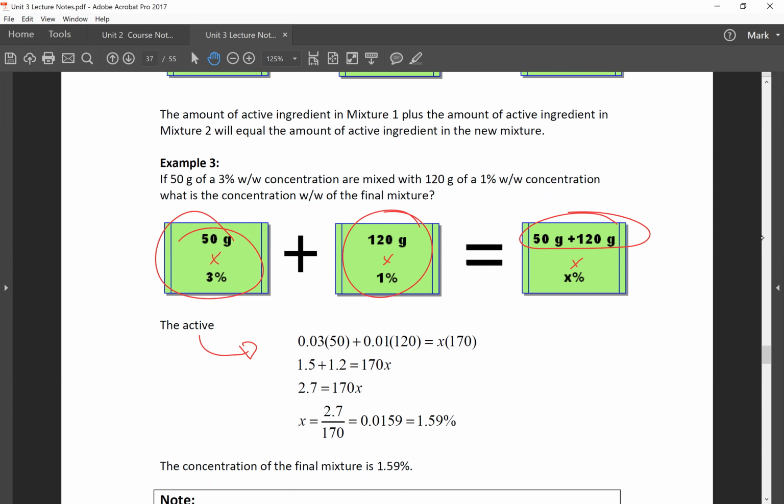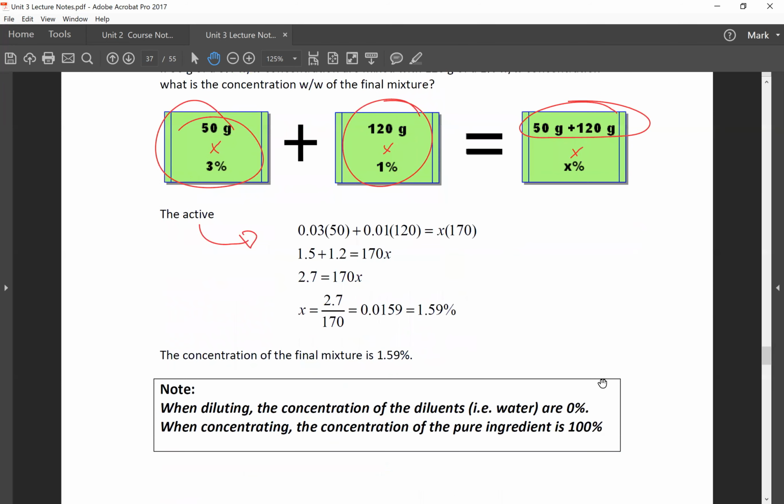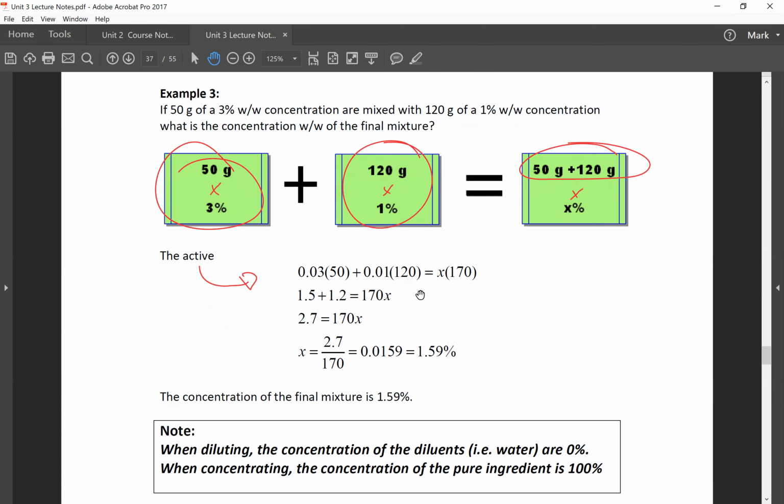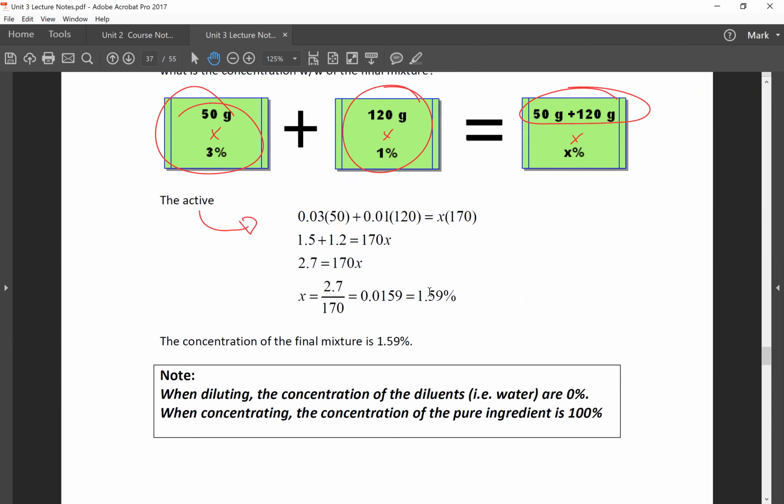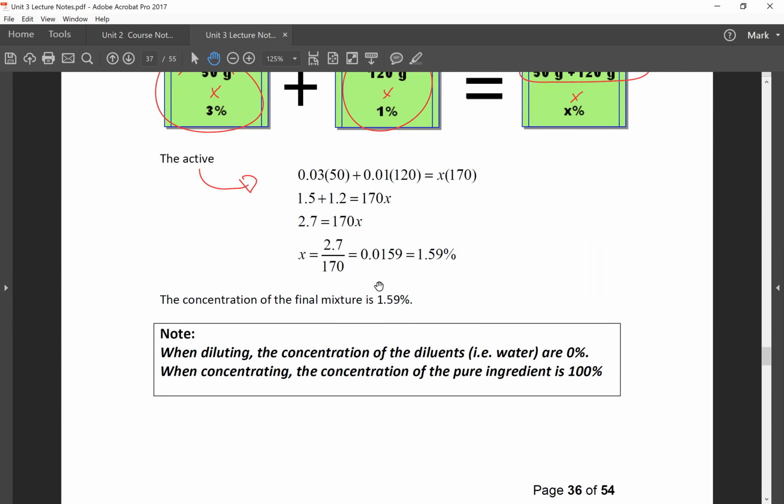And I just solve for X. Pretty straightforward. And we're going to practice this obviously in a second. So if I take 50 grams of a 3% solution and 120 grams of a 1% solution or mixture and mix them together, I will end up with about a 1.6% solution. Interesting.